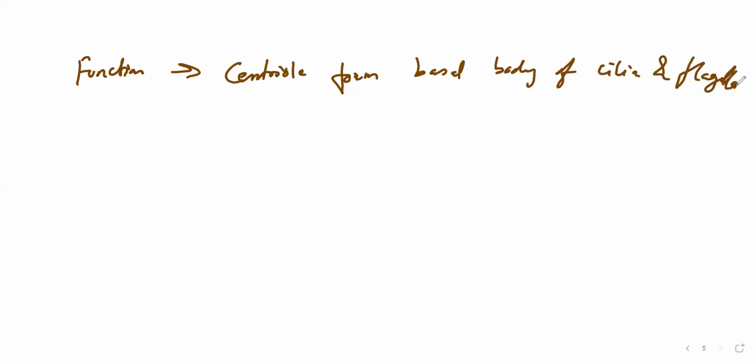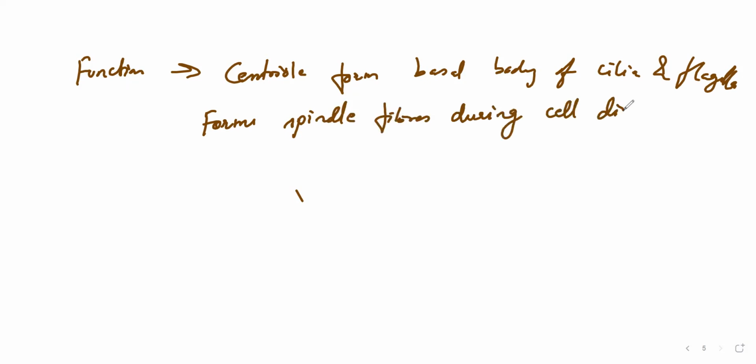Plus, as I told you, it's very important during the mitotic and meiotic divisions. So at that time, it forms spindle fibers during cell division in animals. Division in animals.